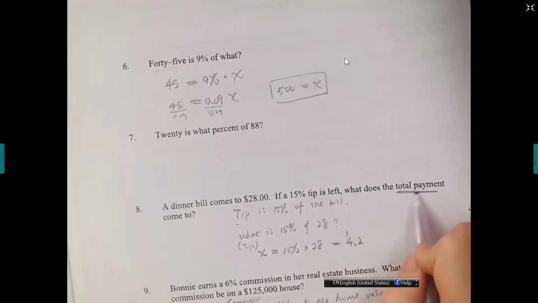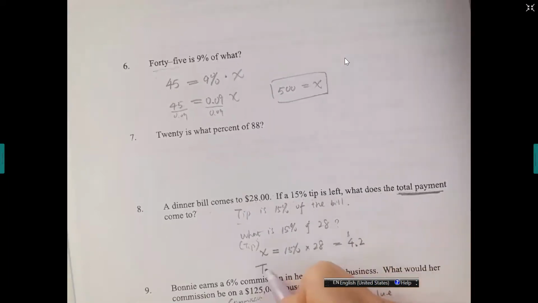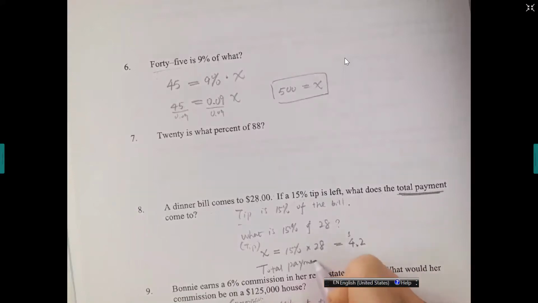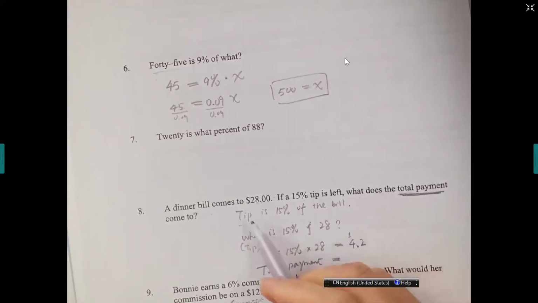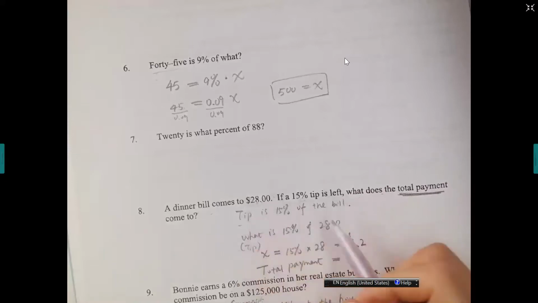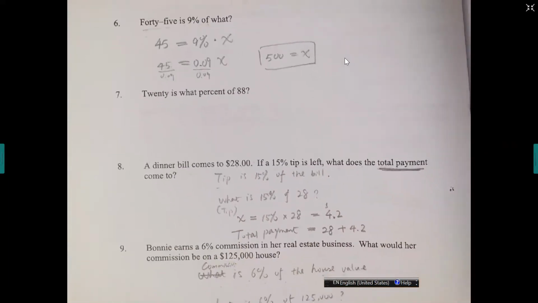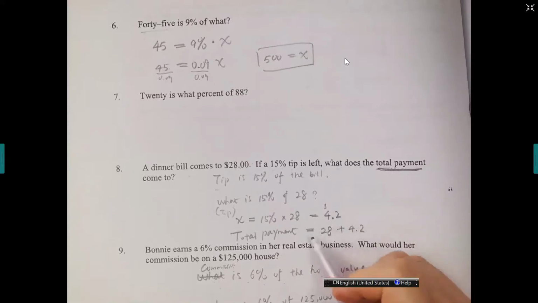Then the total payment. So now we have to answer the question. Total payment equals the dinner bill, 28, plus the tip, 4.2. So the meal plus the tip, that's the total payment.